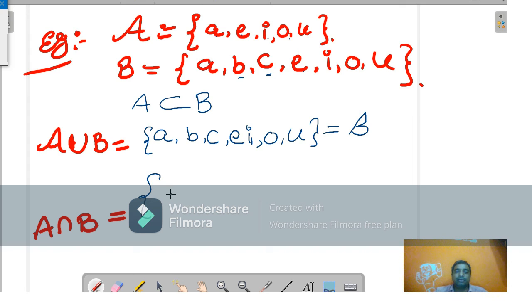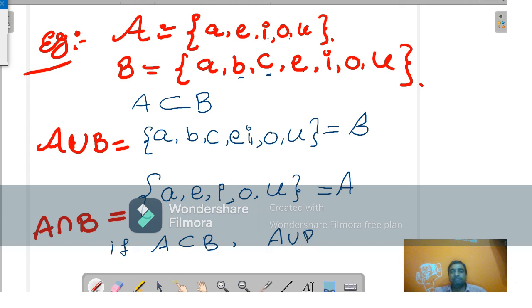Intersection means common elements. What are common? A is common, E is common, I is common, O is common, U is common. So this is nothing but A. Hence we can say if A subset B, then A union B is equal to B, and also A intersection B is equal to A. Understand?